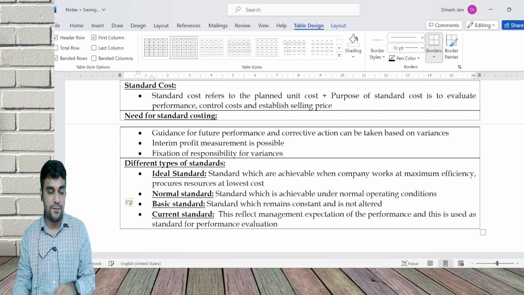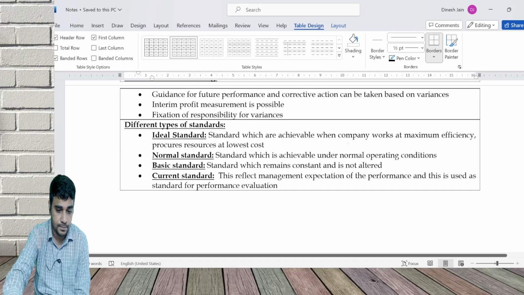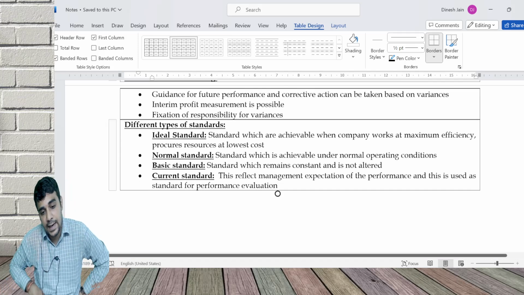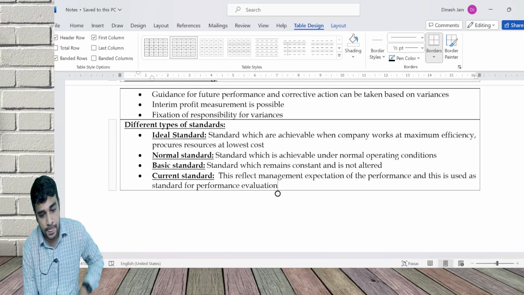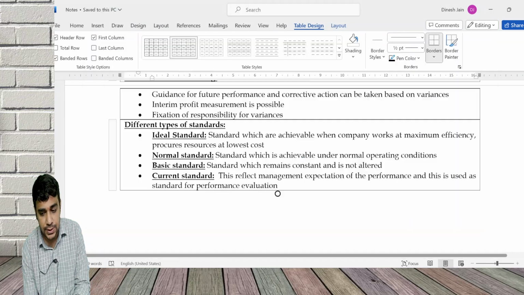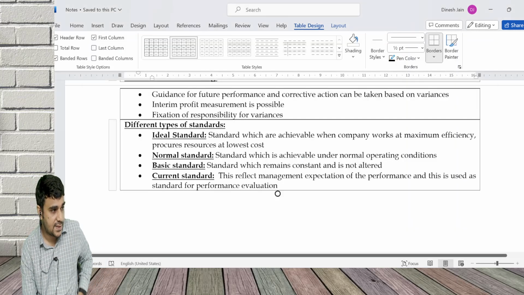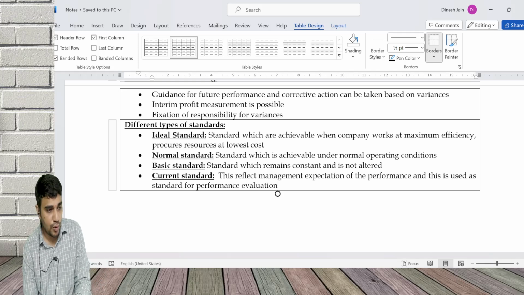This is what is preferred by organizations to use for performance evaluation. Clear? Any doubts on this? You can even go with normal, but this is what ideally they'll do.